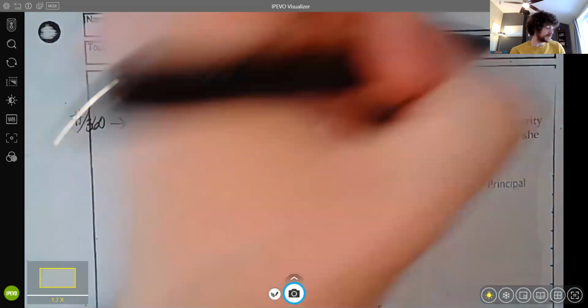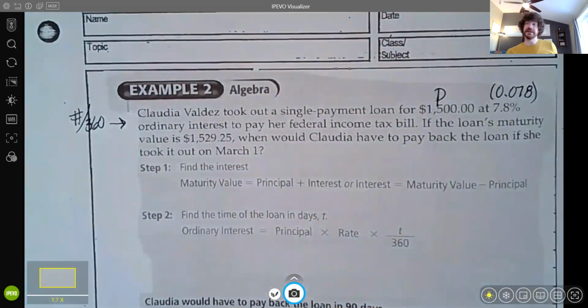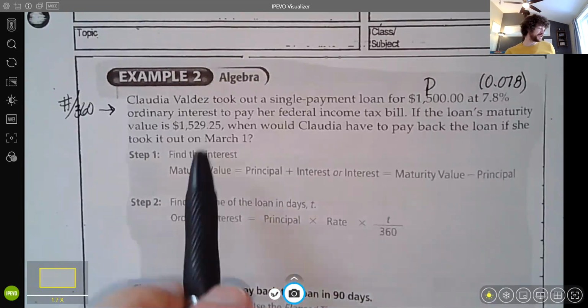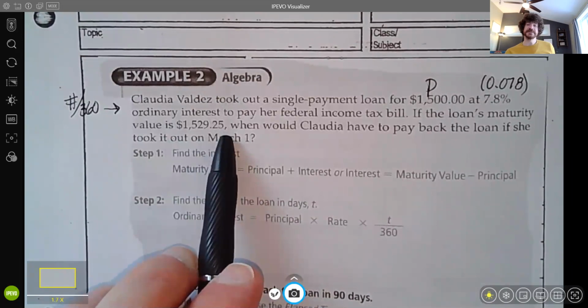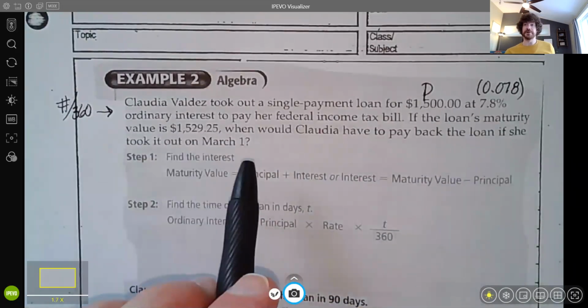And then our percentage, 0.078. She took it out at ordinary interest to pay for her federal income tax bill. If the loan's maturity value, so the maturity value is here, $1,529.25. When would Claudia have to pay back the loan if she took it out on March 1st?